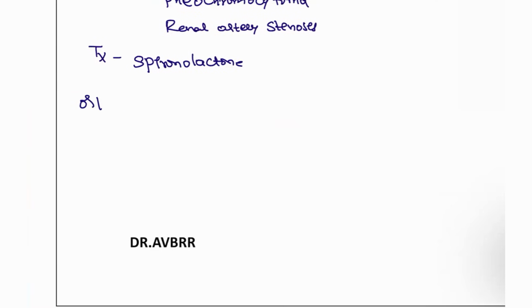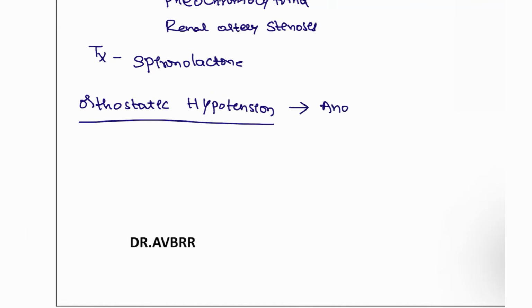Then you also have orthostatic hypertension, orthostatic hypotension, sorry, hypotension. The most common cause for orthostatic hypotension is the autonomic system, right? The autonomic system disturbances. This is the most common cause.